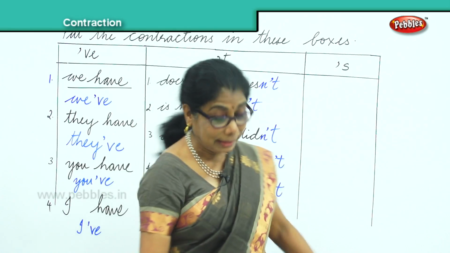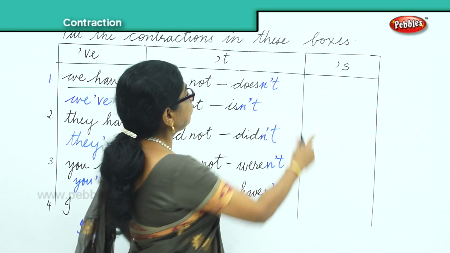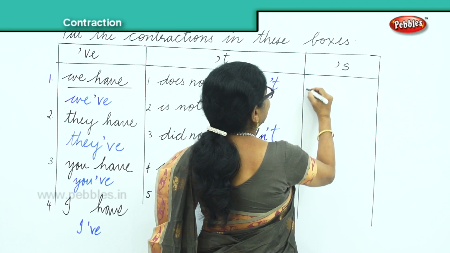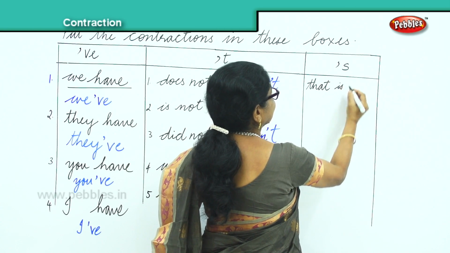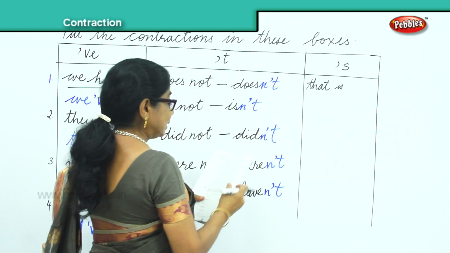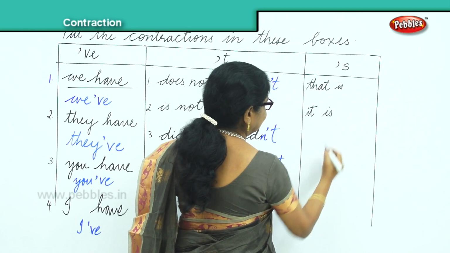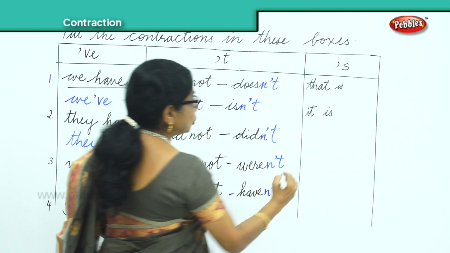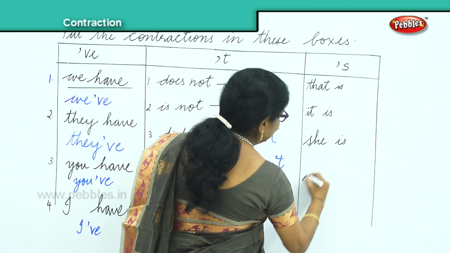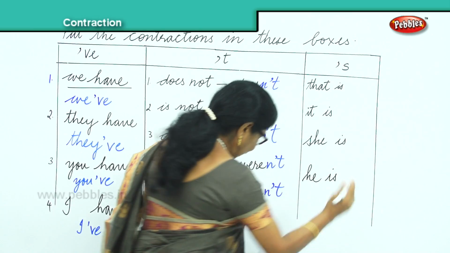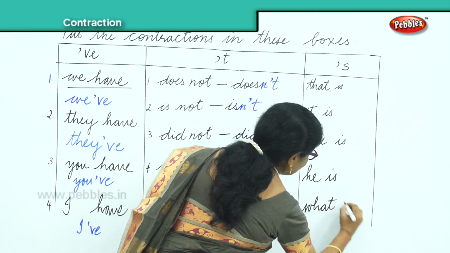Now, we go to the next one. I'll put up some words for you and then you do it, okay? Now, that is, it is, she is, he is, and what is.